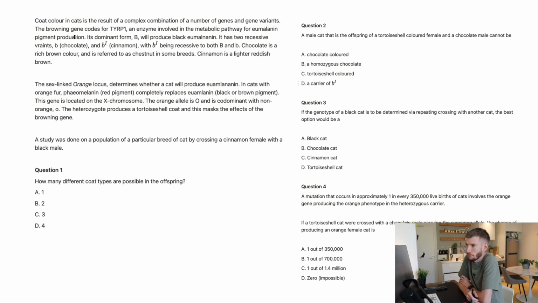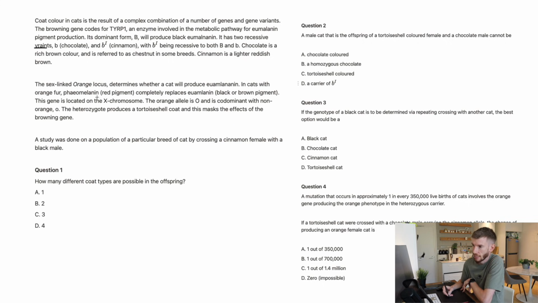Its dominant form B will produce black eumelanin. It has 2 recessive variants, B, lowercase b, which is the chocolate variant, and B-l, which is the cinnamon variant. So we've got a little bit more complexity this time, with B-l being recessive to both B and lowercase b. Chocolate is a rich brown color and is referred to as chestnut in some breeds. Cinnamon is a lighter reddish brown.